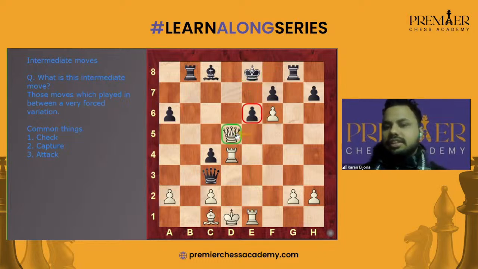Now let's think what white is threatening, or attacking. So white here is about to give a checkmate. Okay, sir, can you defend like this? I'm defending the check. Take a check.